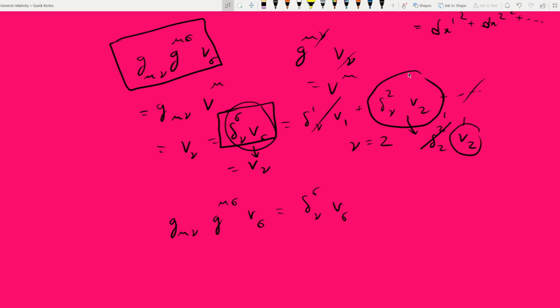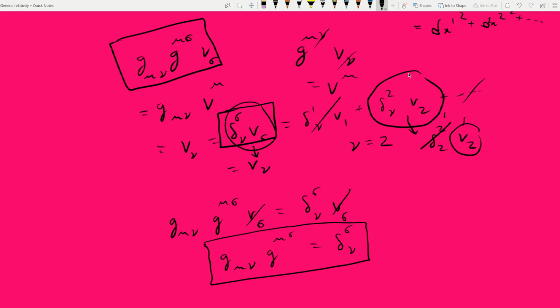That's just equal because we have taken parts from here, right? So we can cancel out our v sigmas from both sides, so we're left with g mu nu, g nu sigma is just the Kronecker delta with upper index sigma and lower index nu. That's our new equation.